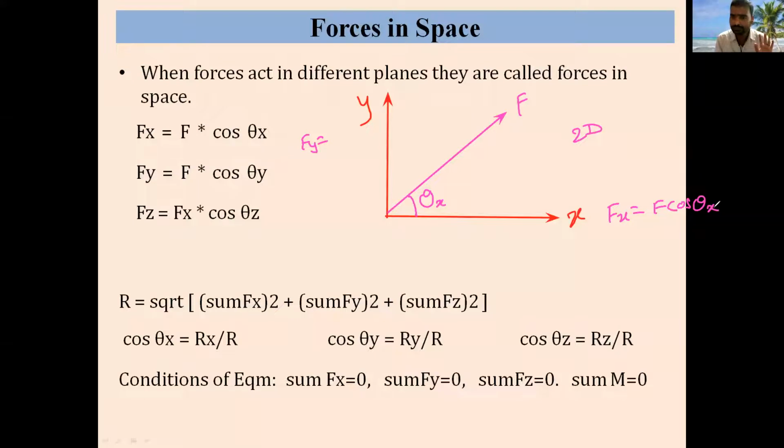If I write theta y with respect to y, then Fy is F cos theta y. Is it okay? Yes, sir. Then how will you find the resultant? Under root of Fx squared plus Fy squared. Correct?